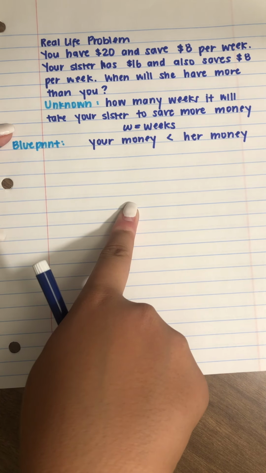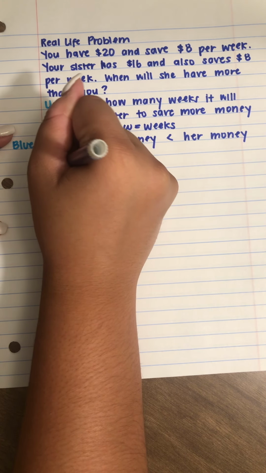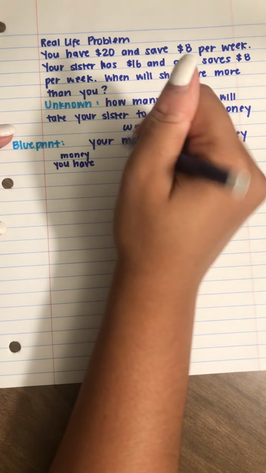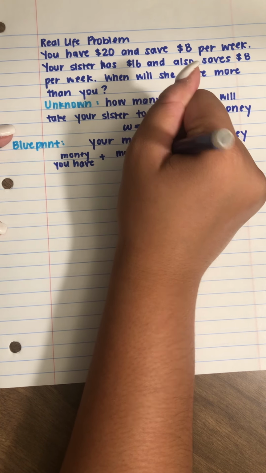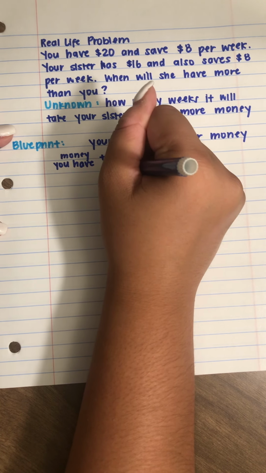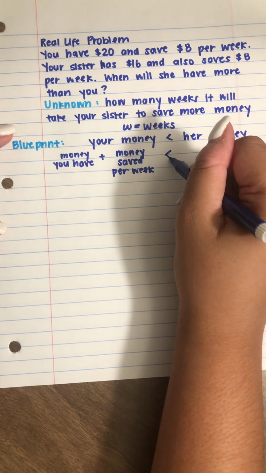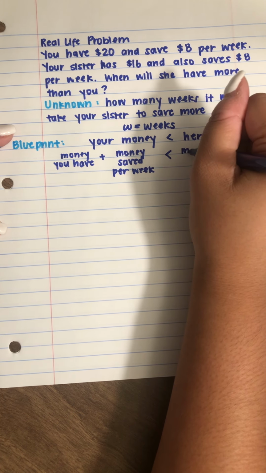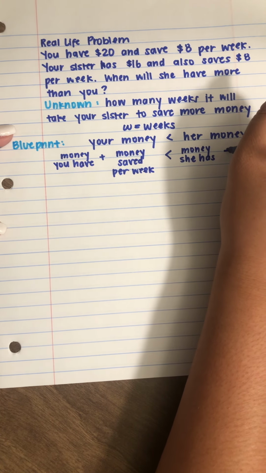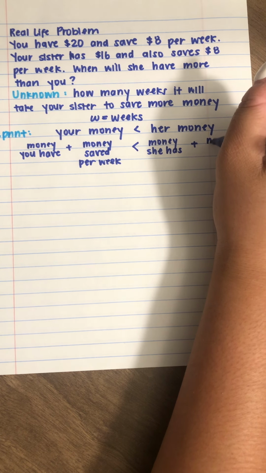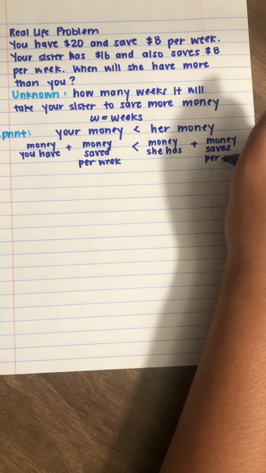And your money, that's going to be the money you already have plus the money saved per week is going to be less than the money she has already plus the money she saves per week.